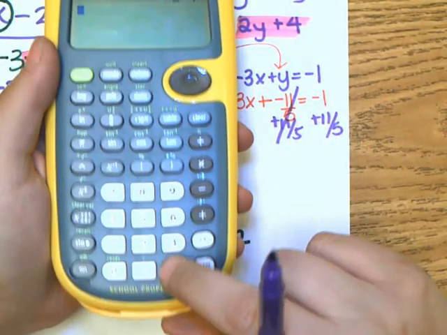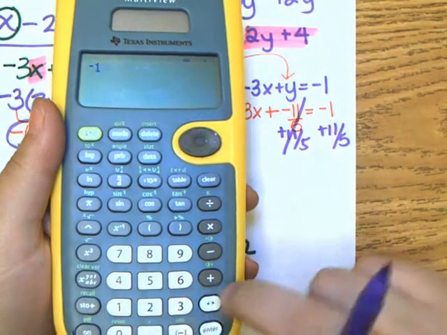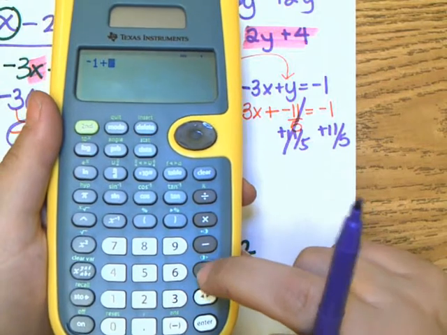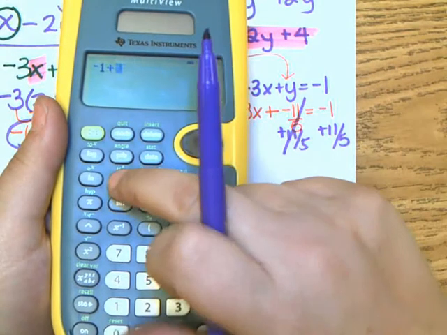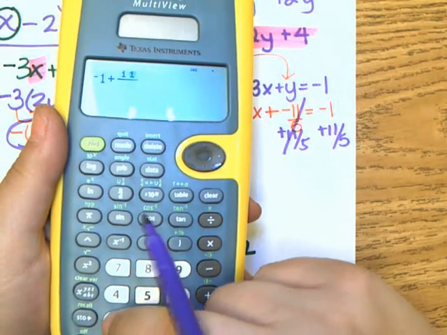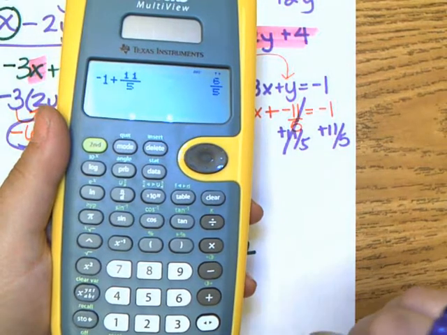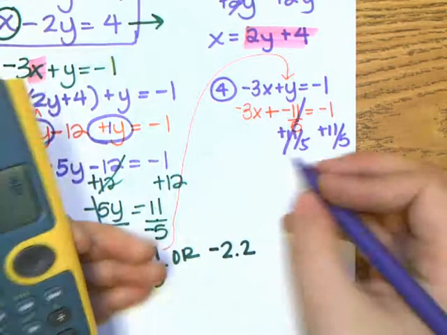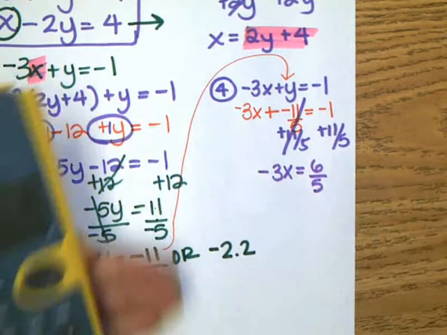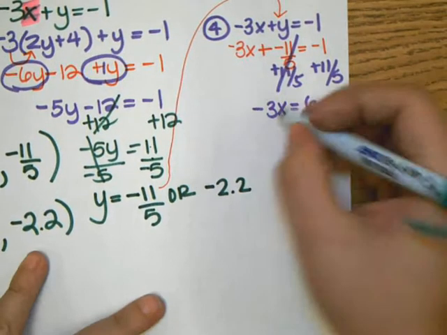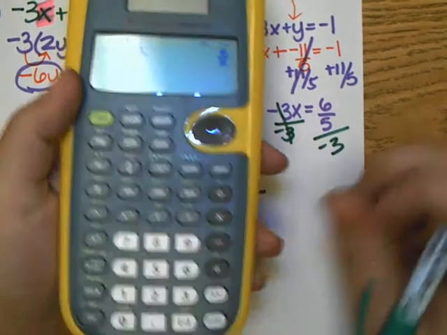Okay, so to get rid of the negative 11/5, I have to add 11/5. So on the calculator here, we're going to do negative, so there's the negative key, negative 1 plus, and then the fraction key is right here on this calculator, and it's 11/5 is 6/5.